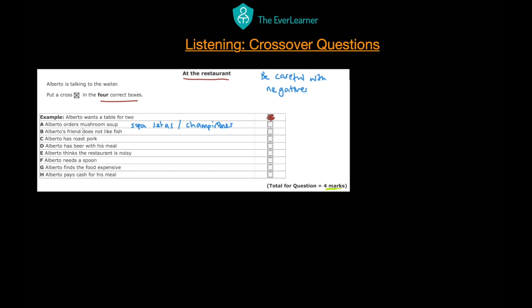Okay, Alberto's friend does not like fish. Fish is pescado. And we might hear no le gusta, odia, no quiere. We might hear some type of fish, things like sardinas, salmón.